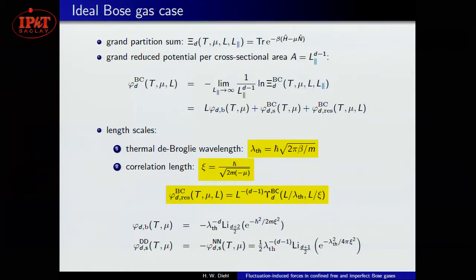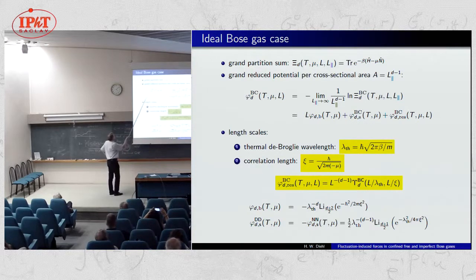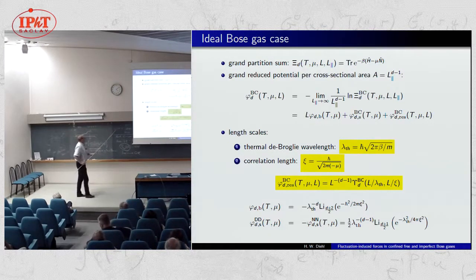One can compute the grand partition function and decompose then the grand potential per area in terms of a bulk term, a surface correction, and again what I call a residual potential. The residual potential has this L dependence. Now in the ideal case we have two important length scales. One is the thermal de Broglie wavelength, the other is the correlation length, which for the ideal case has this form.